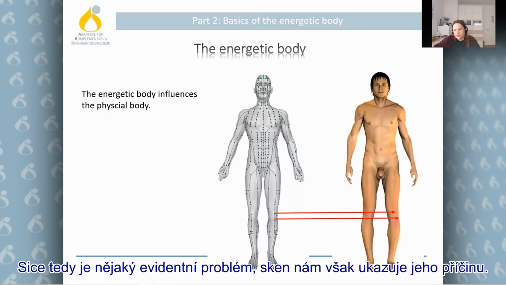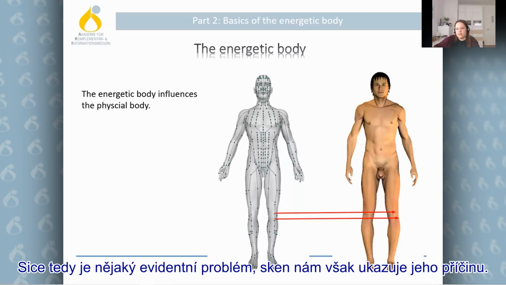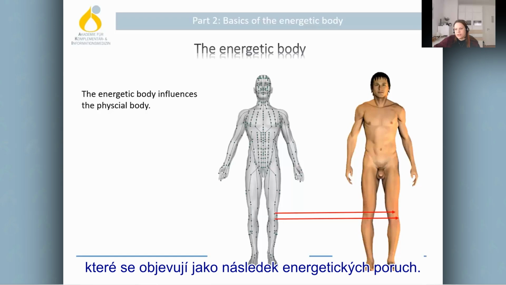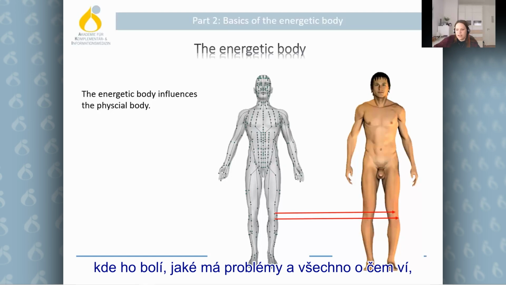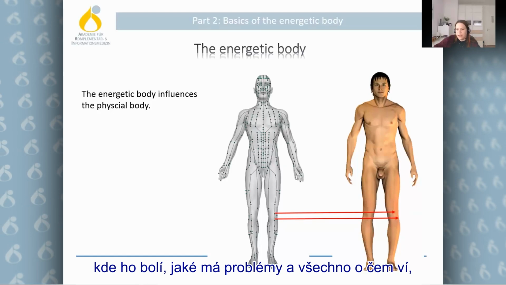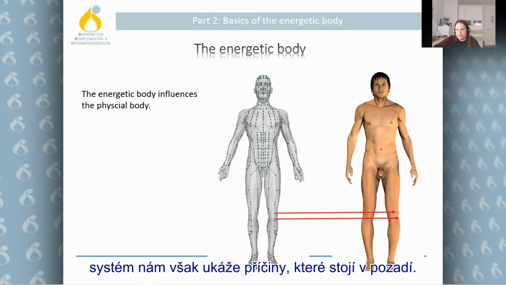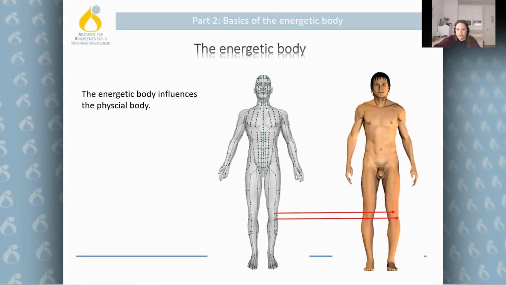So of course you have the disorders, but the scan shows us the cause. The physical body communicates more through symptoms that arise as a result of the internal energetic causes. So what the patient can tell us is where the pain is, what problems he has or he knows about. The system shows us the causes behind it.